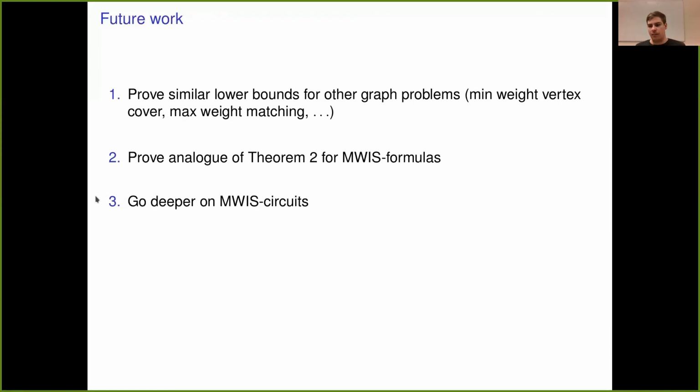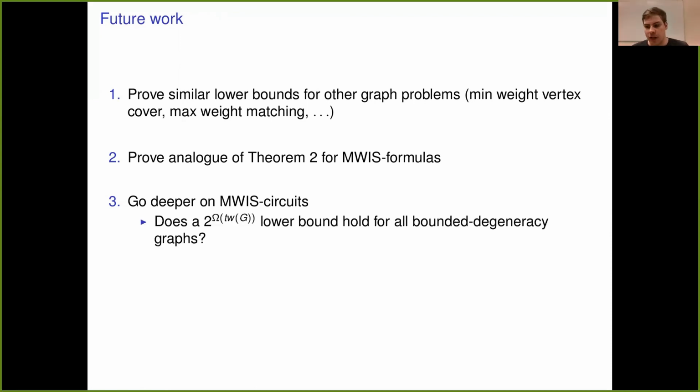But for me, the most interesting direction of future work is to prove better lower bounds for MWS circuits, so lower bounds for MWS circuits that are more general than what I proved in this work.